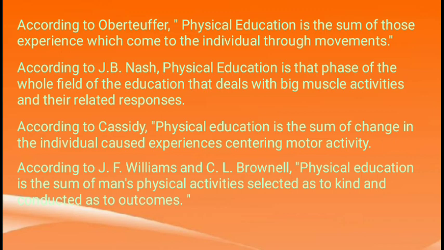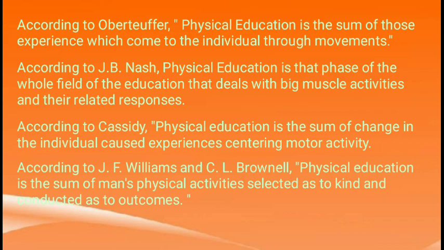Then according to J.F. Williams and C.L. Brownell, physical education is the sum of man's physical activity. That means your physical activity is the sum total of all that has been selected as to kind and conducted as to outcome. So it is considered in terms of the kind selected, as well as the desired result we want.